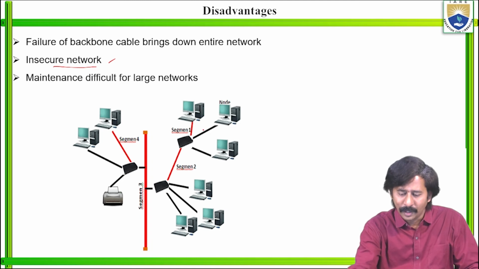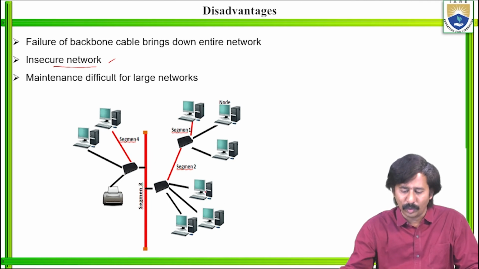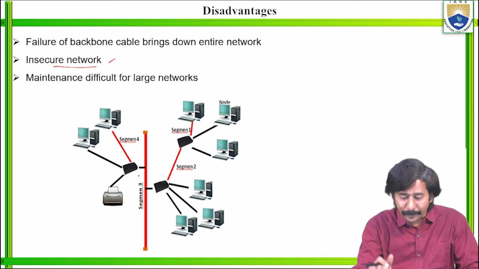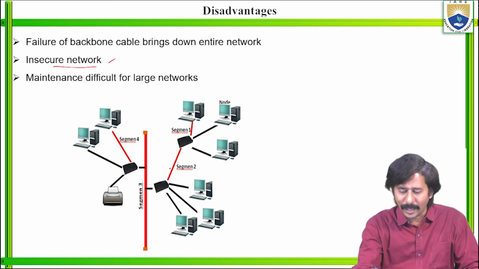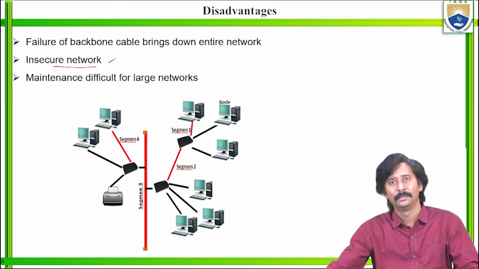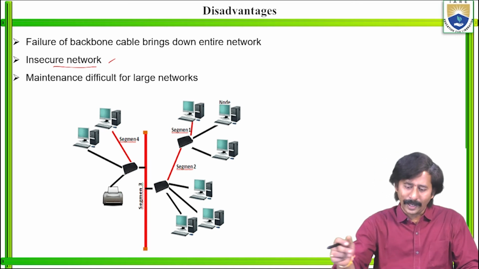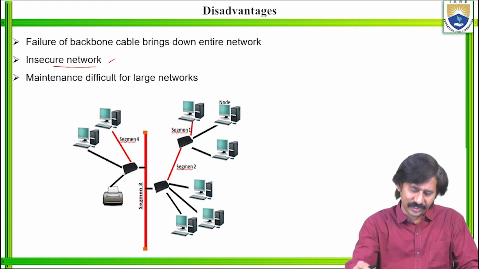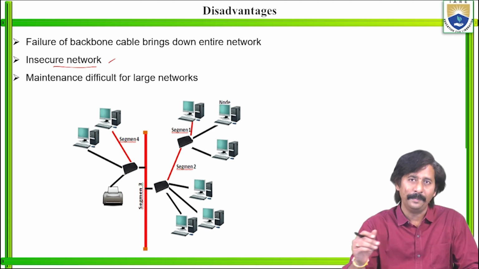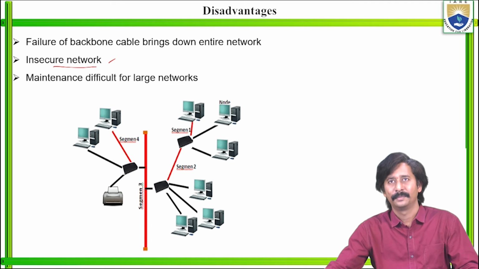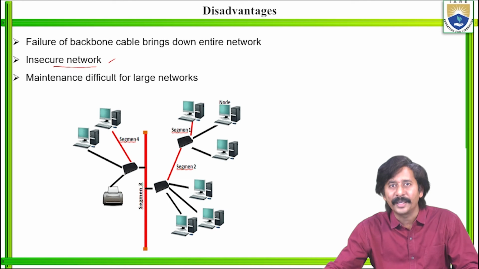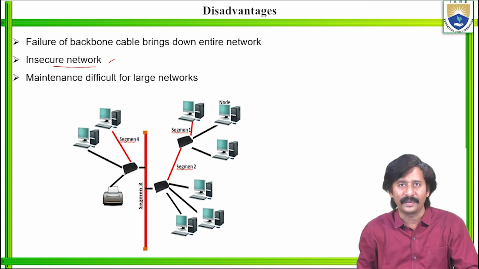Segment 1 communicates with one particular node, segment 2 communicates with various nodes, and segment 3 acts as a backbone to segments 1 and 2 as well as segment 4. This looks like a tree structure, but there are some drawbacks, because the nodes which are ready to communicate don't have any information regarding the remaining nodes available in that particular network.